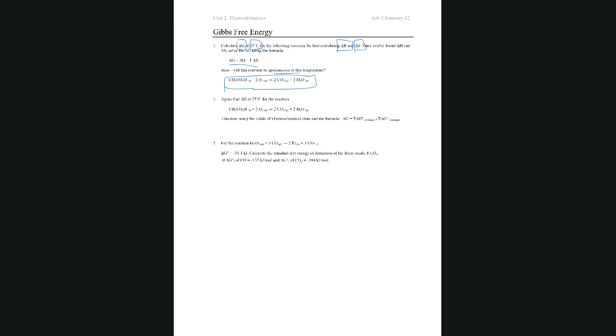Then for question number 2, although this one's going to take a while to do, obviously, you're going to find the Gibbs free energy, except this time you're going to use the Gibbs free energies of formation for the products and the reactants. So you're going to use that equation that I showed you guys just a second ago.